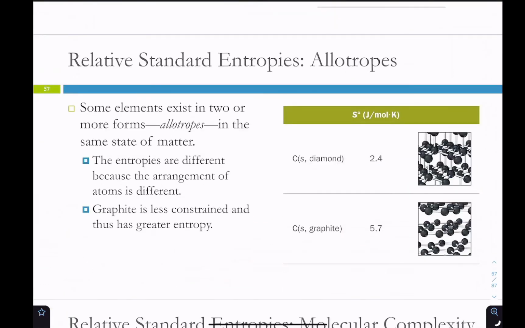Allotropes are interesting. Like I said, some things have two or more. Sulfur happens to have a lot of different allotropes. Even ice has different allotropes. So these entropies are different because of the way that the molecules are arranged. Like diamond, which is very hard, is very different from graphite.